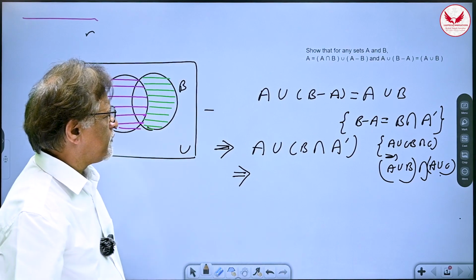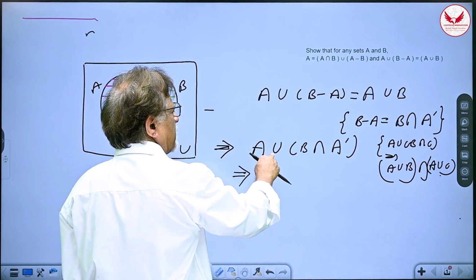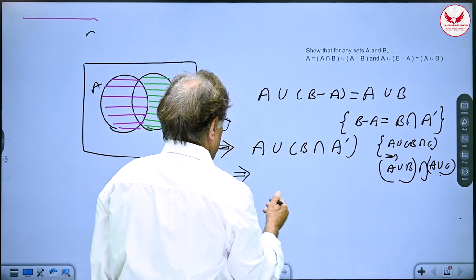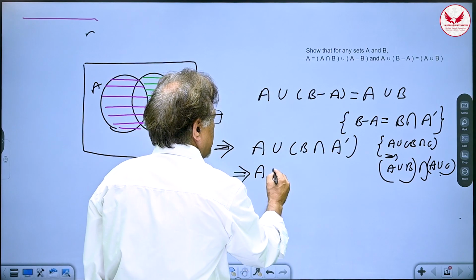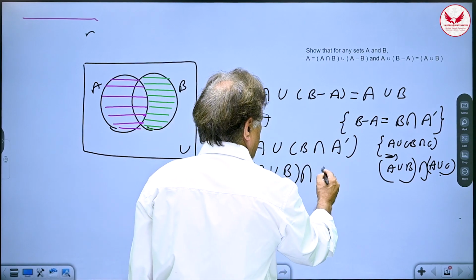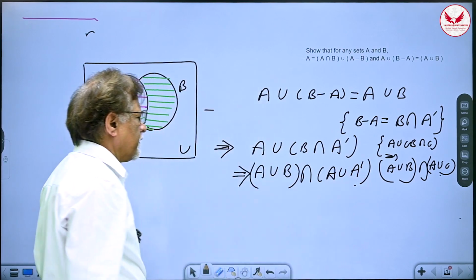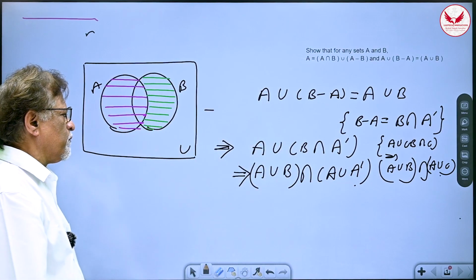So I am taking use of the distributive law of union over intersection. That means this union will be distributed on both the sets. So this implies A union B intersection A union A dash, right?